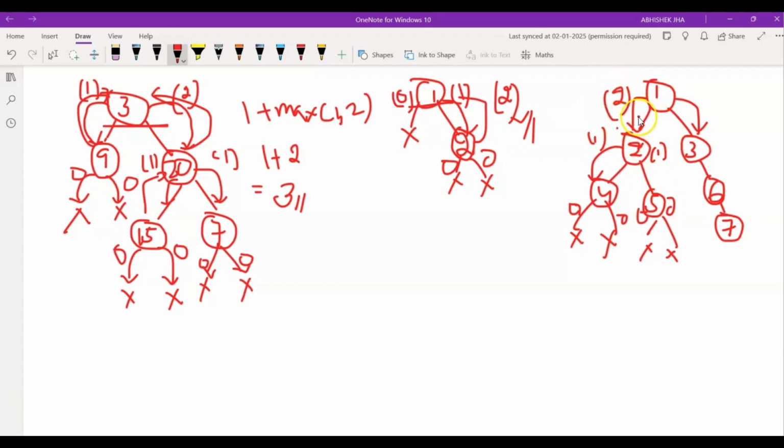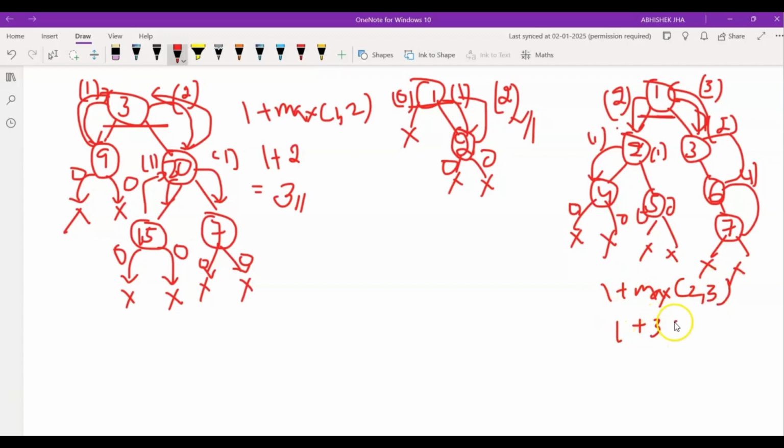So for the left recursive call, 2 would be the answer, and 3 gives a call to 6, 6 gives a call to 7, 7 returns 1 to 6, and 6 returns 2 to 3, and 3 returns 3 to 1. Finally, the max depth would be 1 plus max of 2 comma 3, that is 1 plus 3, which gives us 4. So for this given binary tree, 4 would be our max depth.